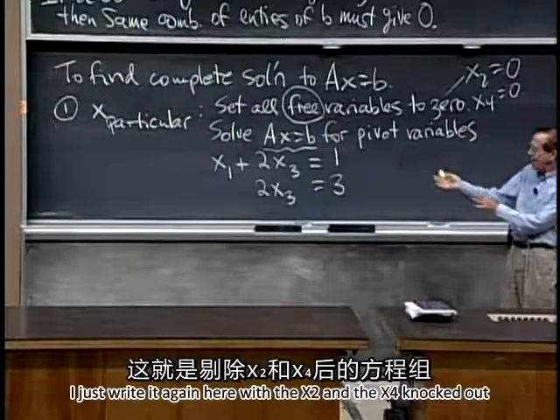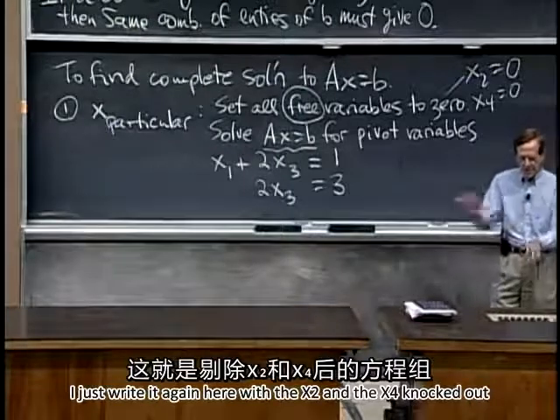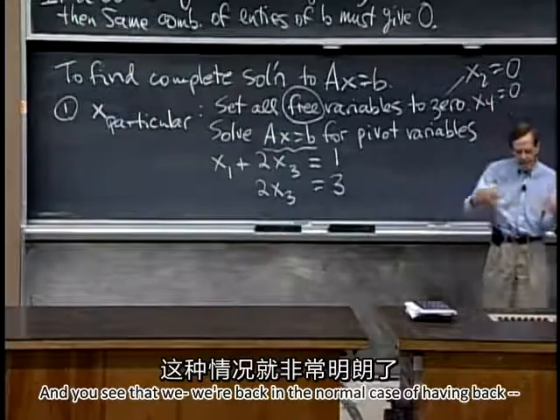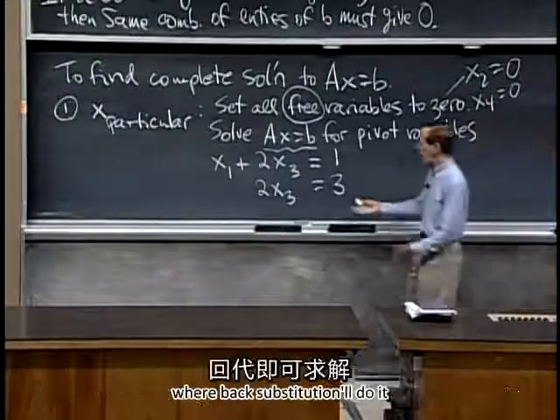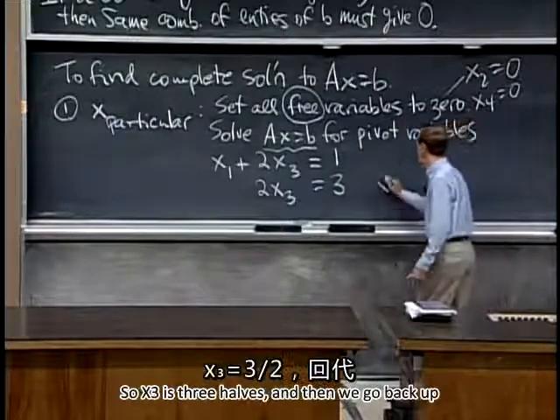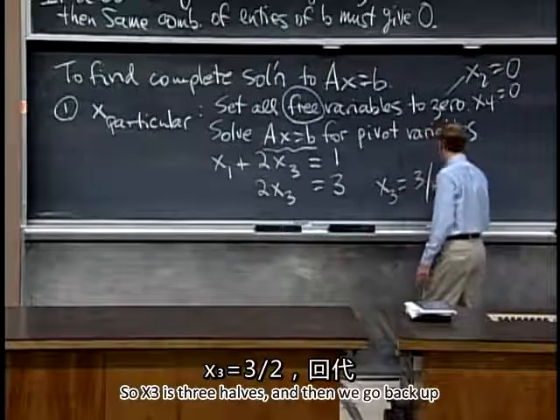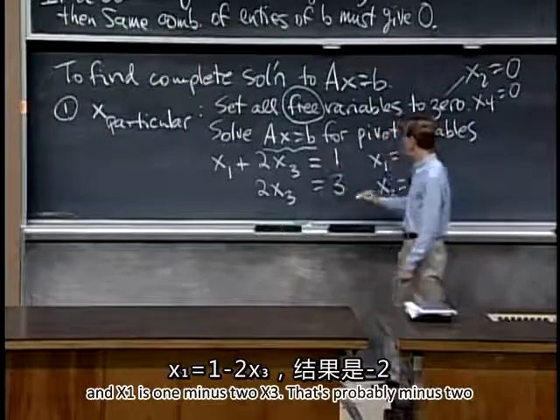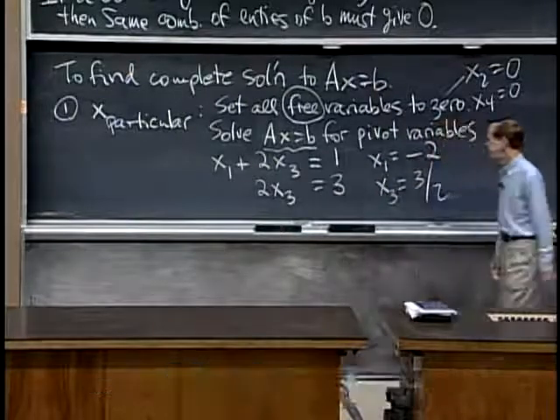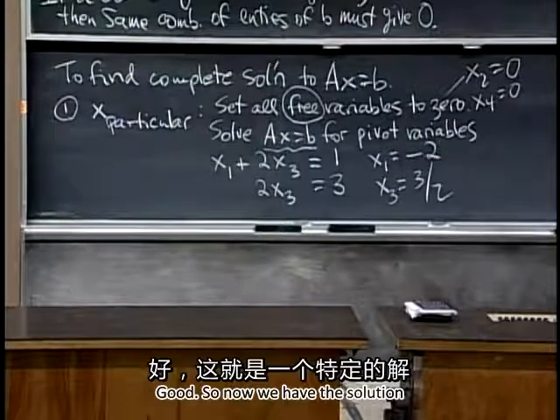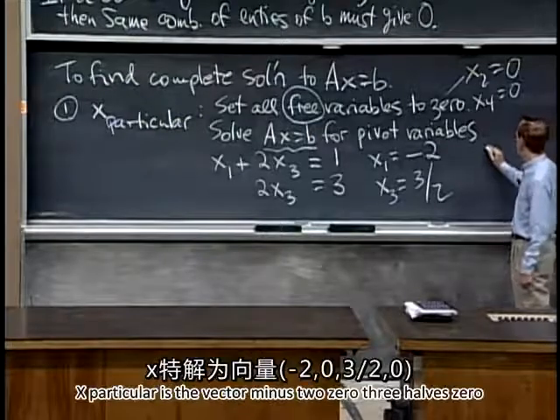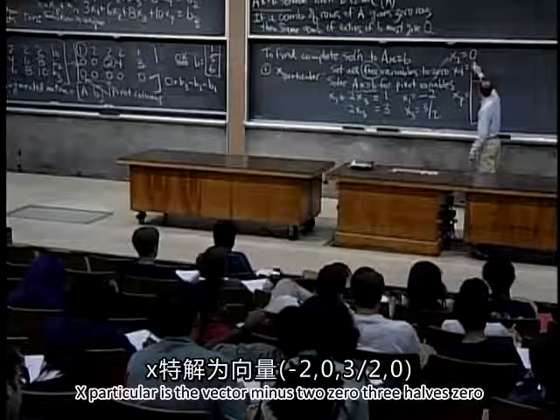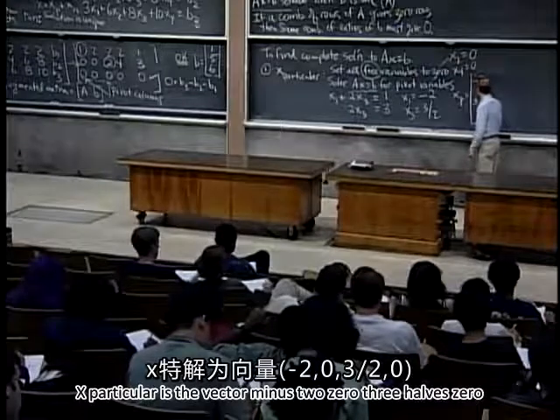I just write it again here with the x2 and the x4 knocked out, since we set them to 0. And you see that we're back in the normal case where back substitution will do it. So x3 is 3/2, and then we go back up, and x1 is 1 minus 2 x3. That's minus 2. Good. So now we have the solution. x particular is the vector (-2, 0, 3/2, 0).